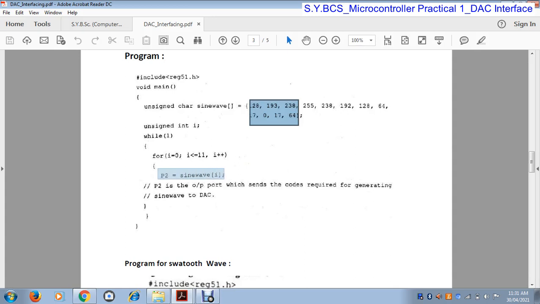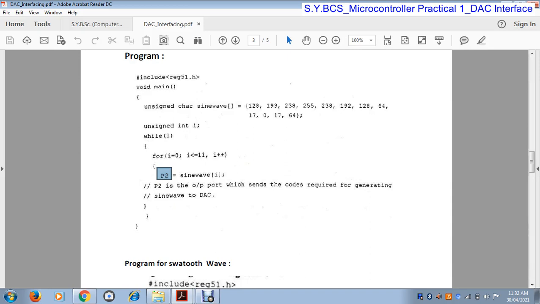Now P2 is equal to sine wave[i]. Here we use P2. P2 means port 2 of the 8051 microcontroller. These step sizes are given to port 2 of the 8051 microcontroller, and when the microcontroller gets a step size, it generates a sine wave.